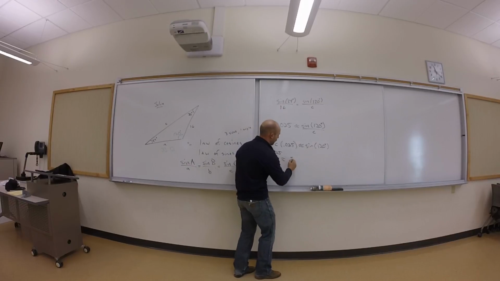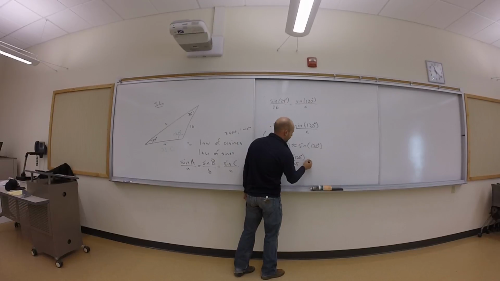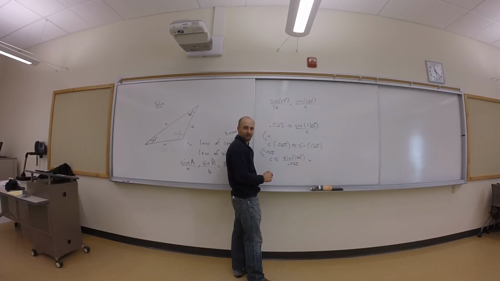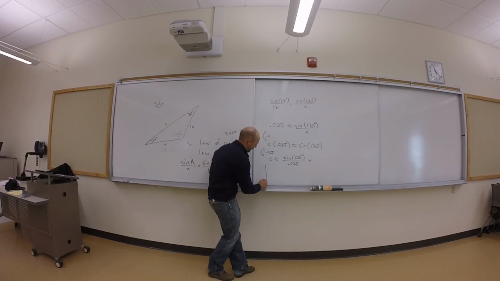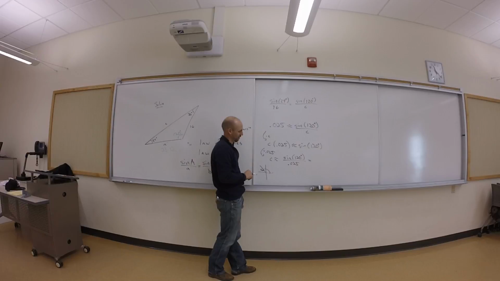So c is approximately sine of 120 degrees divided by 0.025, which gives you something out of the calculator. 120 is actually a standard angle. 120 degrees leaves 60 degrees left over, so the reference angle is 60 degrees. We could calculate the sine exactly on this. What do you get? 34.64.